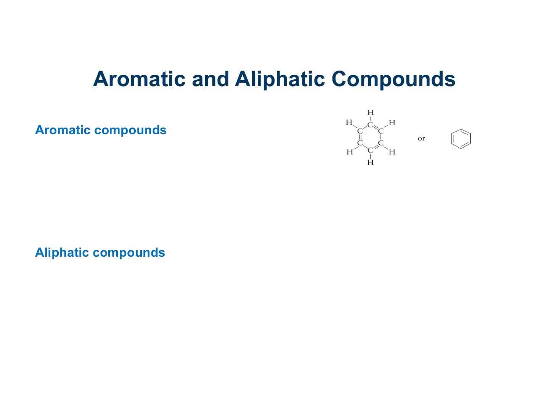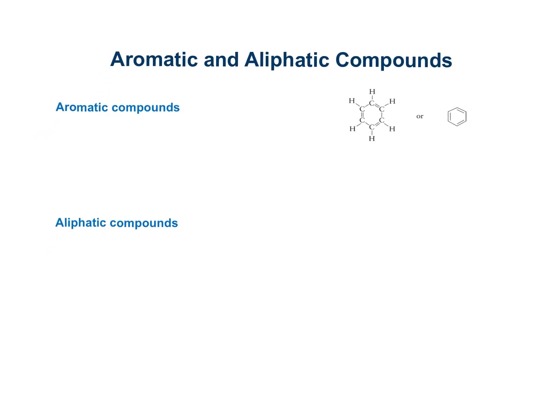Now, the third kind of compound that we talked about at the beginning of chapter 12 were aromatic compounds, and I want to compare those to aliphatic compounds. Now, some early researchers in organic chemistry really became intrigued by fragrant oils that could be extracted from certain plants. An example would be like oil of wintergreen or the flavor component of the vanilla bean.